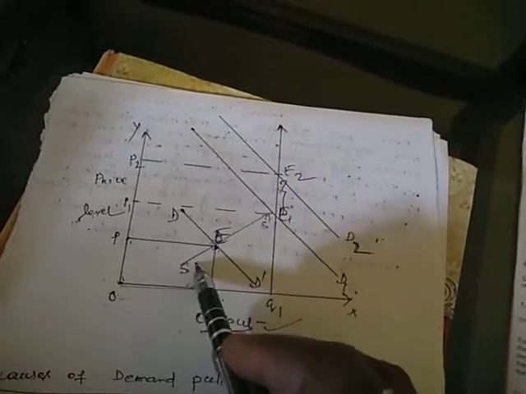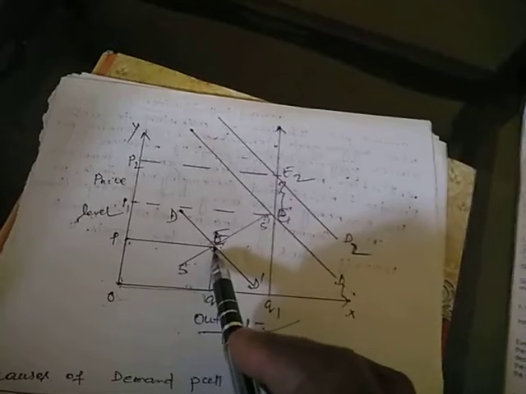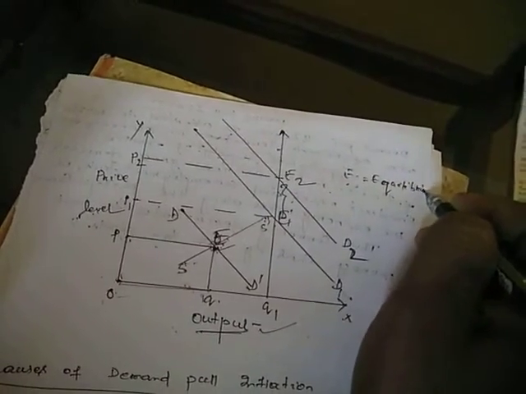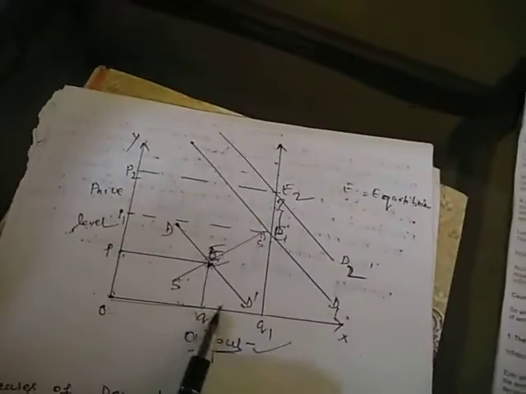In the sense, this is the D dash demand curve, this is the S dash supply curve, right? So here the demand and supply curves intersect at a particular point that is known as the equilibrium point. Here you signify it as E. Okay. So now when the price goes up, the quantity increases from Q to Q1, right?